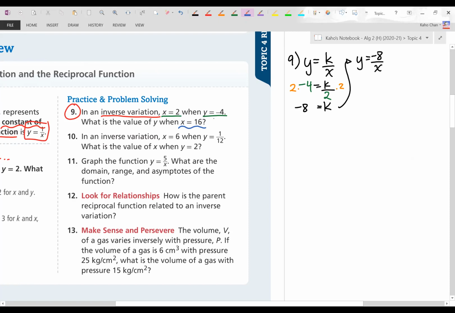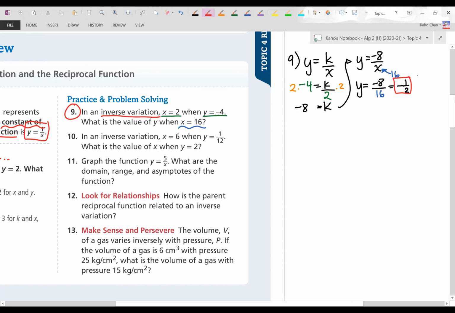Find y when x equals 16. Put 16 in there, plug it in. -8 divided by 16, of course, is -1/2. And that's your answer. Yay. Not too bad. That's y.